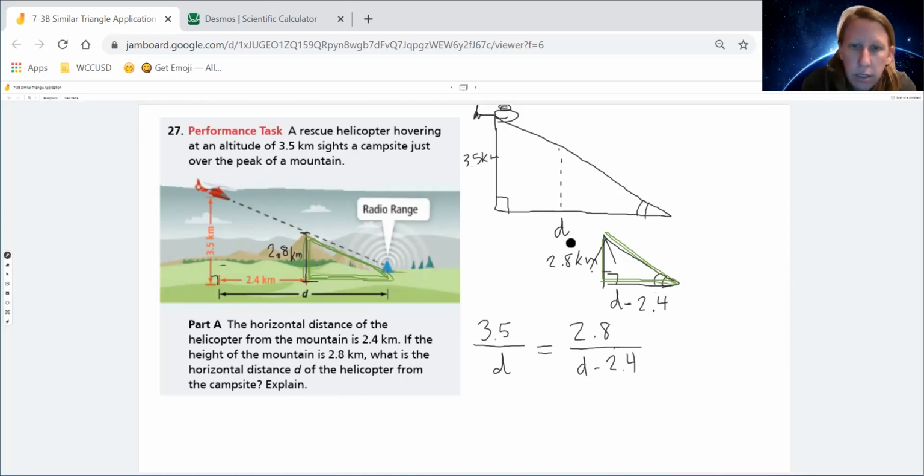All right, cross products. So we have 3.5 times the quantity D minus 2.4, and that's equal to 2.8 times D.